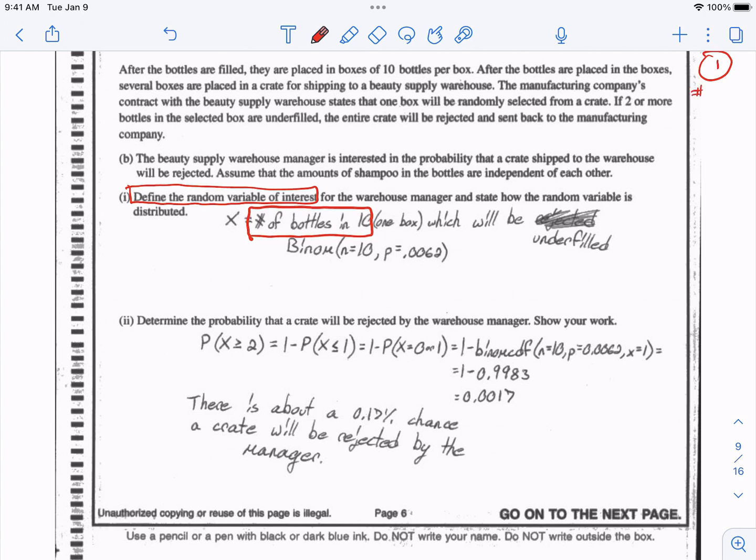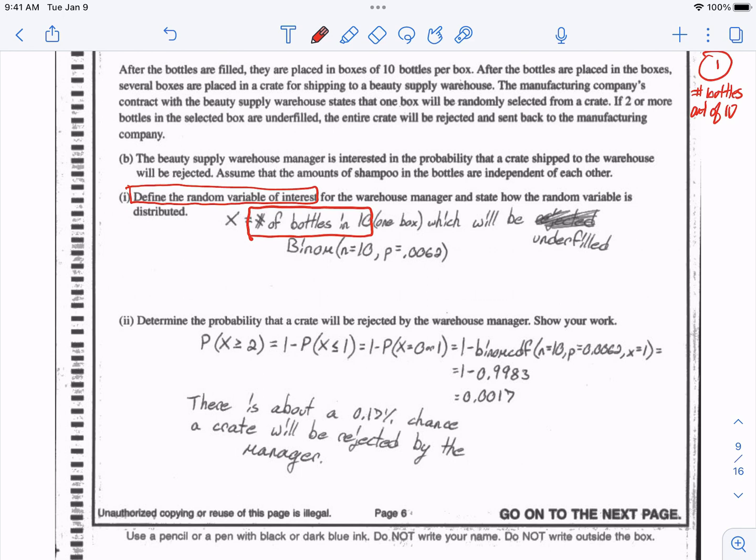And so what I'm going to write down is it's the number of bottles. First of all, it's not a percent or a mean or anything, it's the count or the number of bottles. And what's important on this piece is they had to state that it was out of 10. Because there's also a crate in this story, and some students reported that it's the number of bottles in a crate or something like that.